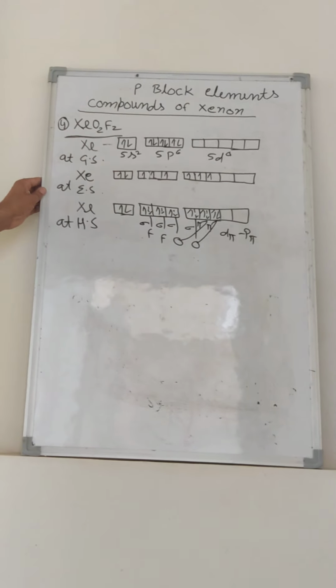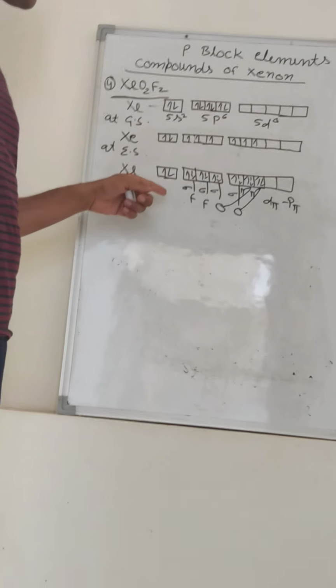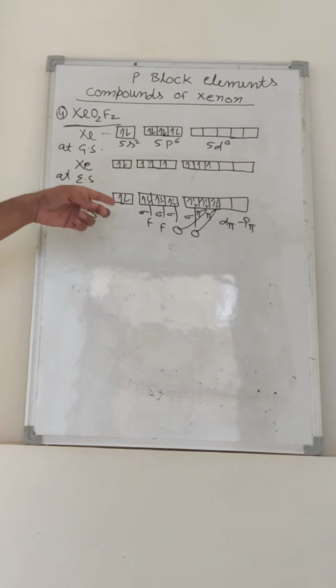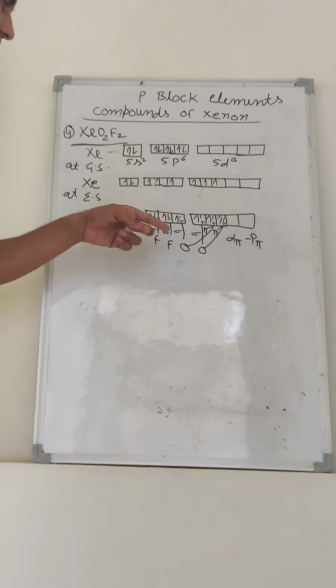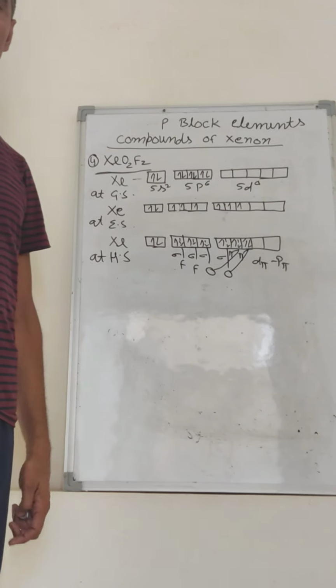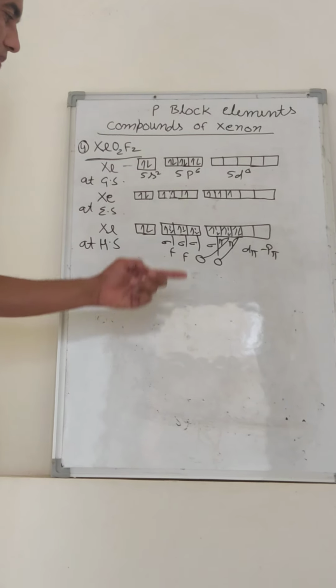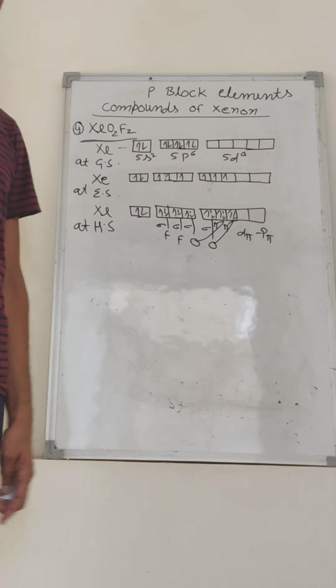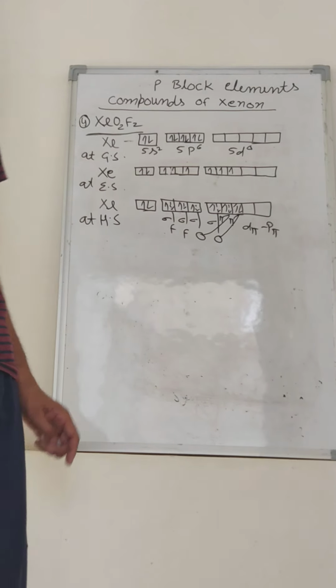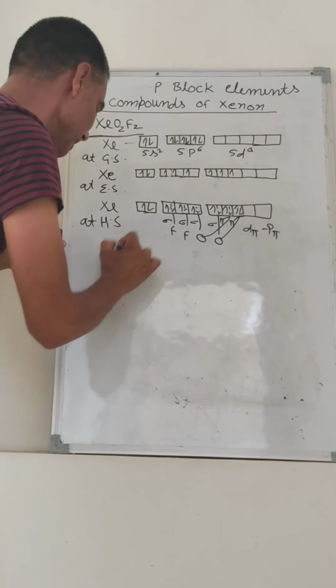So the hybrid state is not sp3d3. The hybrid state is sp3d, because due to the hybridization process only sigma bonds are produced, and pi bonds are produced due to the overlapping process.